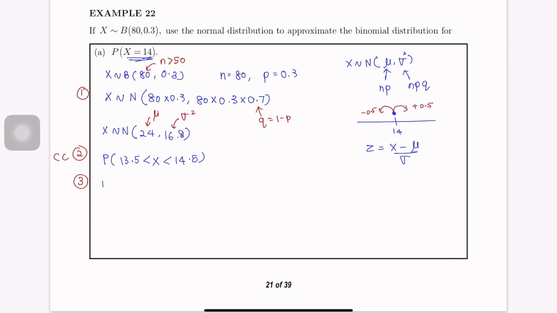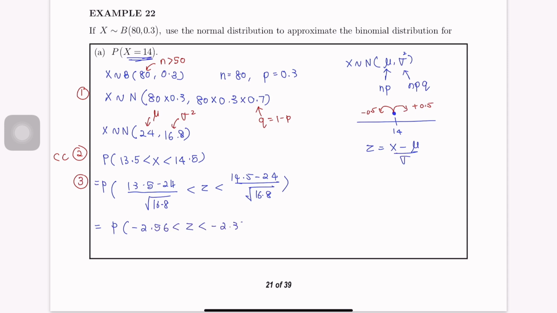So probability z between 13.5 minus 24 over square root of 16.8, and 14.5 minus mean over standard deviation, square root of 16.8. Then we have probability Z between negative 2.56 and negative 2.32.